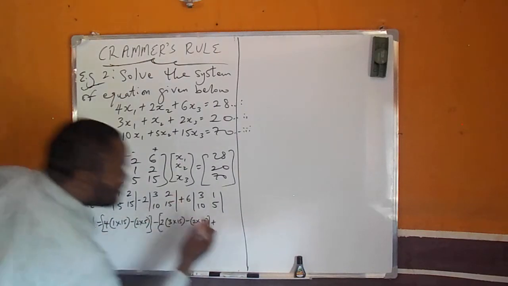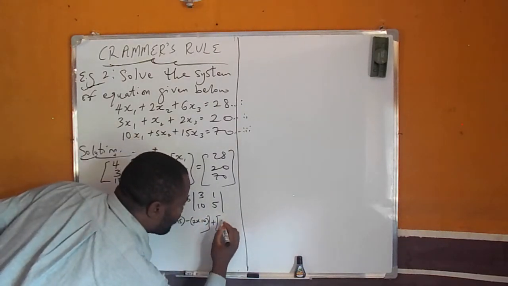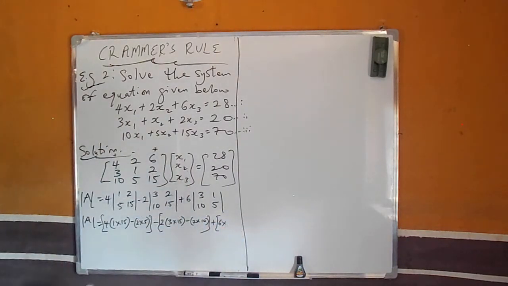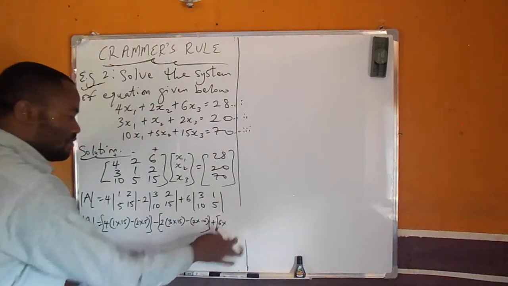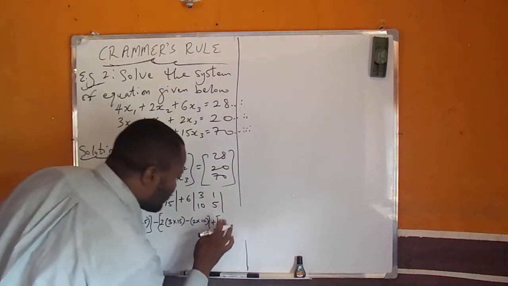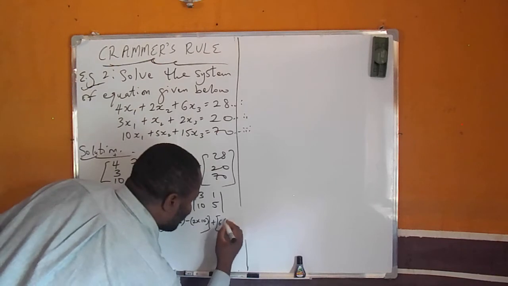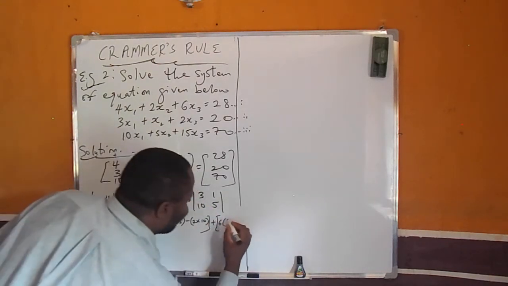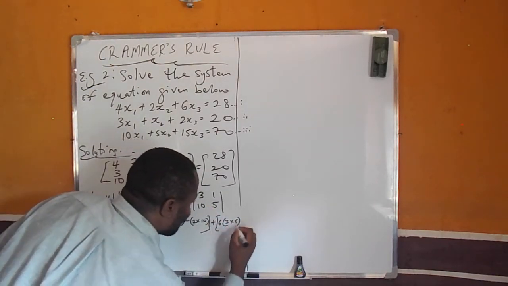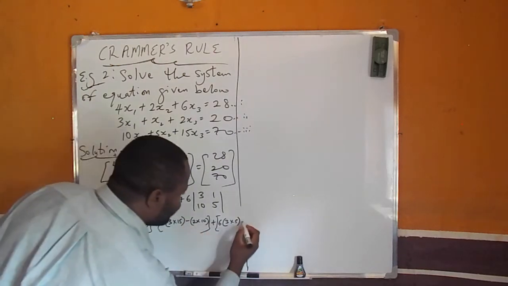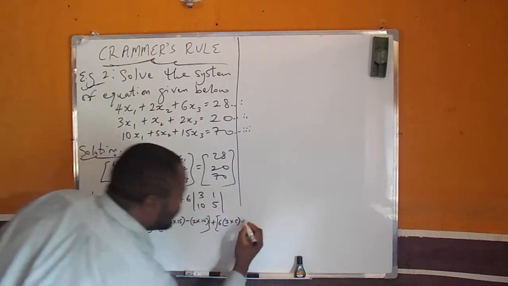Plus 6 in bracket 3 times 5 minus 1 times 10.